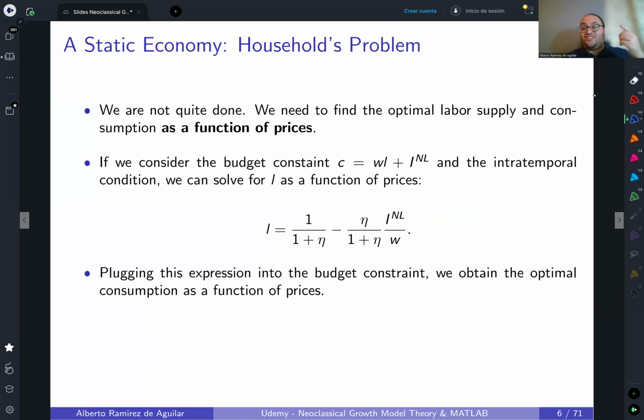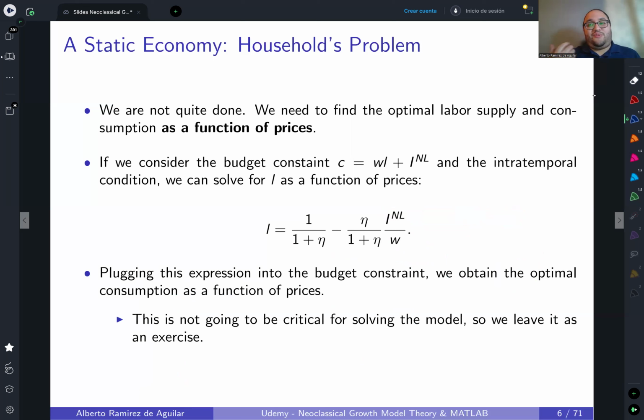Now, we're not completely done because we need to find consumption, as you remember. But if you consider the budget constraint or the intertemporal condition, you can find consumption. Now, this is not going to be critical for what we're doing. So I'm going to leave this as an exercise for you to do. That means find the consumption function that is exclusively a function of the wages.